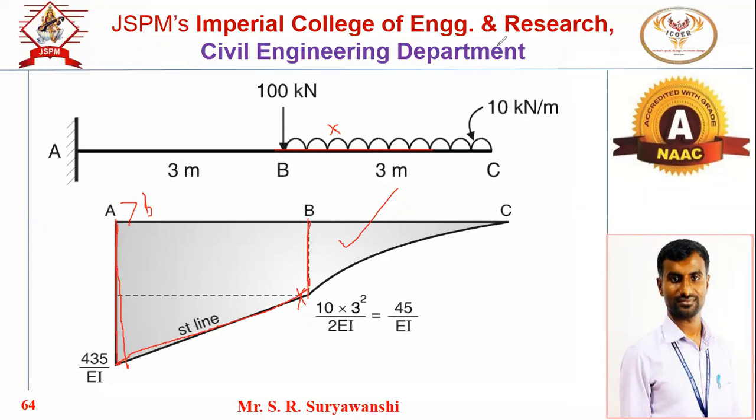Now tell me, if I have to find out slope at B here, what do we have to do for slope at B? Which area we have to find out?